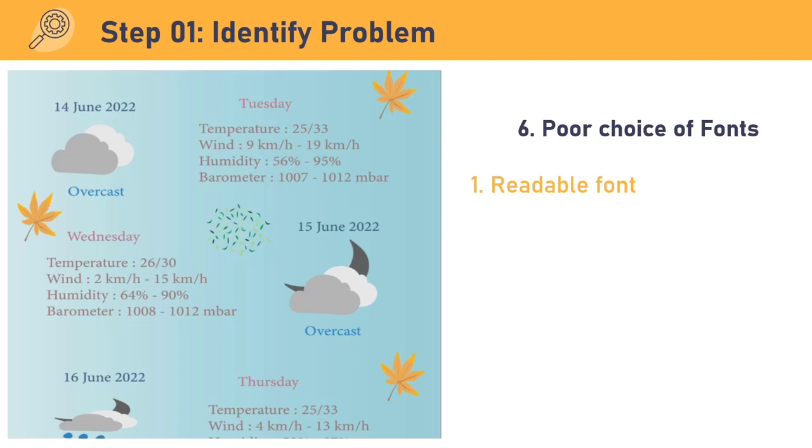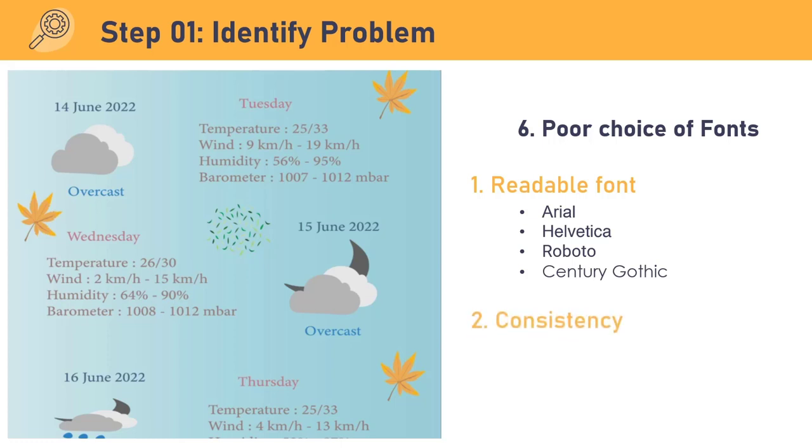Make sure the font you choose is easy to read, even at a small size. Avoid decorative fonts, and the best font should be a sans serif font like Arial, Helvetica, and Roboto. These fonts are recommended for infographics due to the cleanness and modern look of the font.